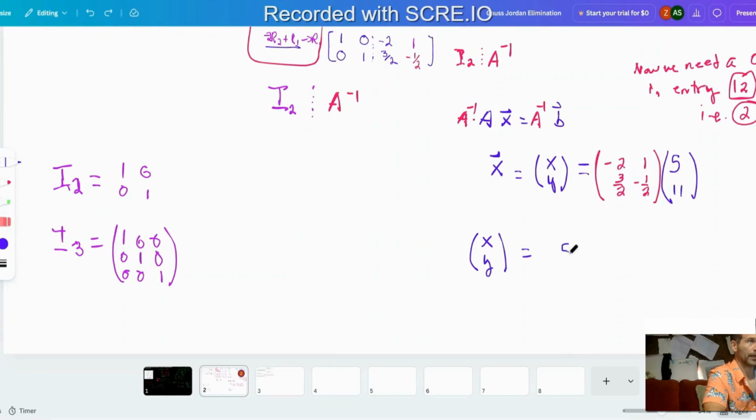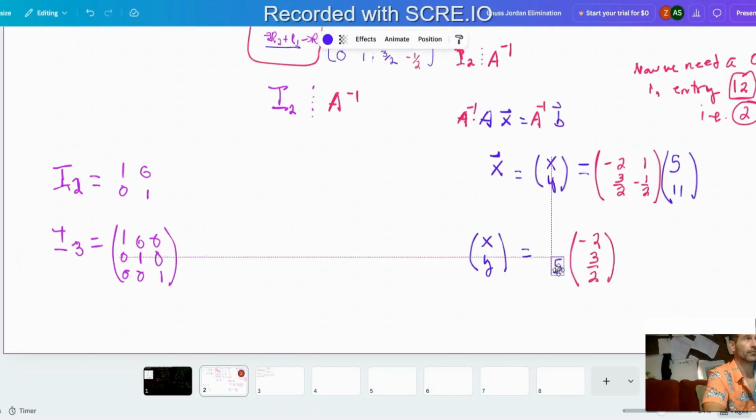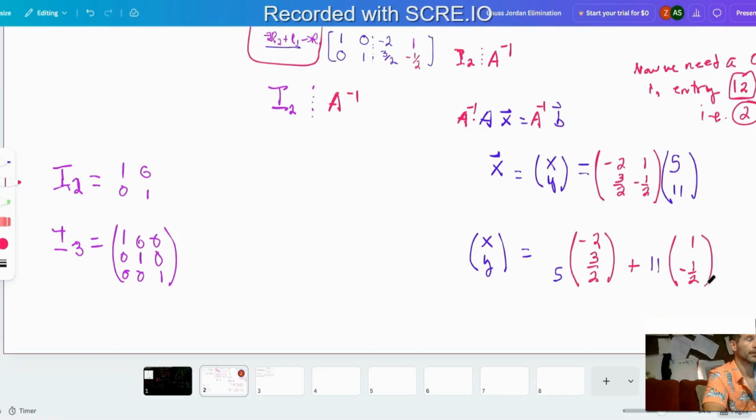So then you've got 5 times negative 2, 3 halves. They kind of act like scalars now, kind of. Now we got 11. That's right. And we'll end up with a 2 by 1, won't we? Because it's the outside dimensions that you get.